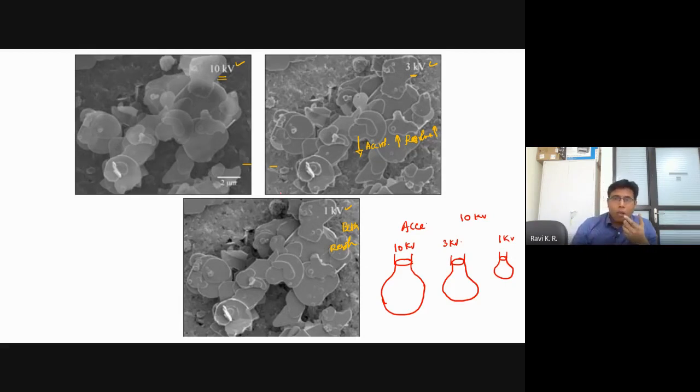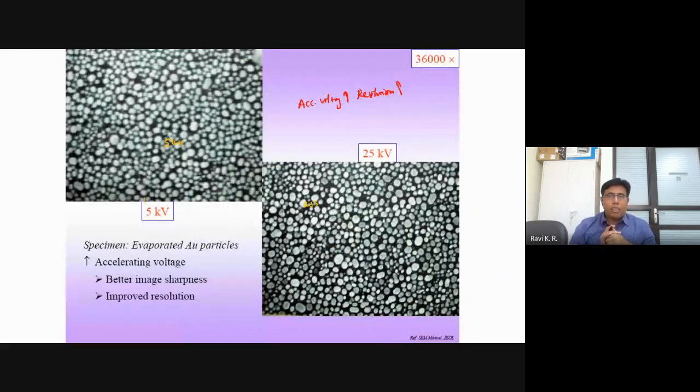But now, what is happening here? Here I have 5 kV, I'm not seeing a good image, but the moment I increase to 25 kV, I'm getting a better image. The reason possibly is that at 5 kV you have a smaller diameter, but you may have a very, very small interaction volume, so the number may not be sufficient.